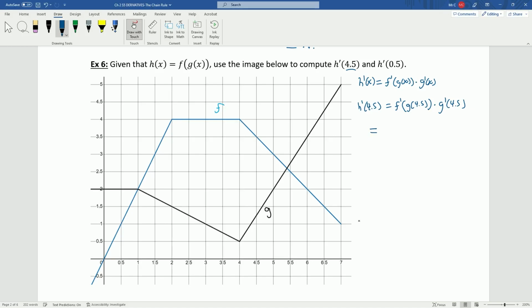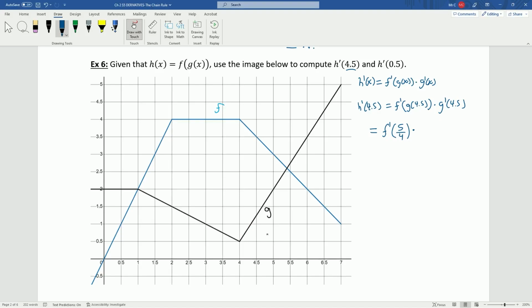So let's go ahead and take a look. What does that give us here? When I look at f prime, first I need to know what is g of 4.5. When I go look at g and I go to 4.5, that's 1/2, 1, and this is another quarter. So that's 5/4. So g of 4.5 is 5/4. And g prime of 4.5 is the slope here.